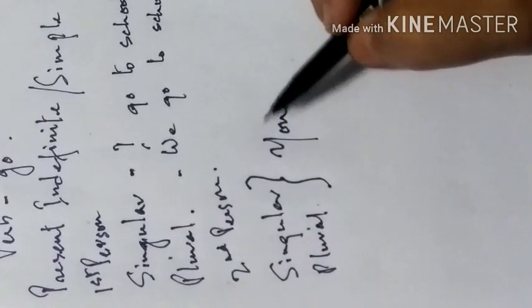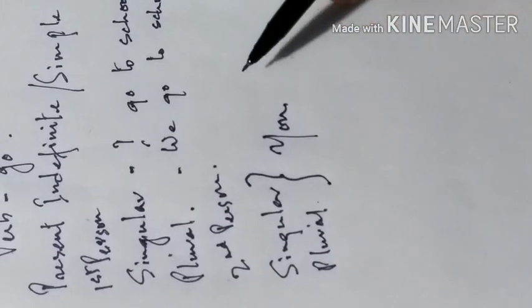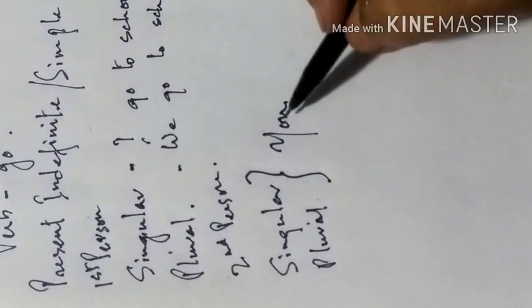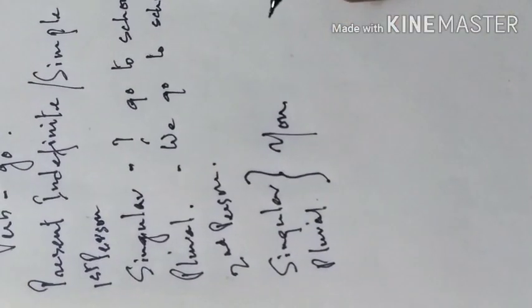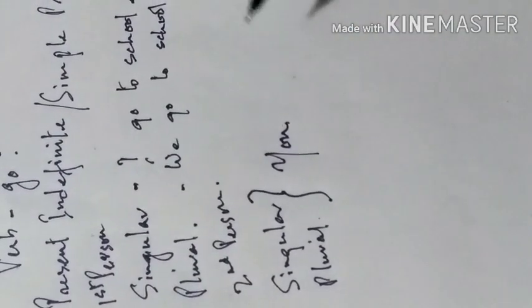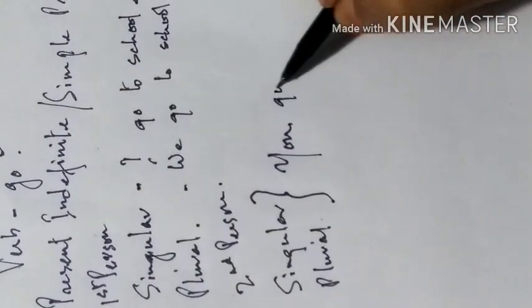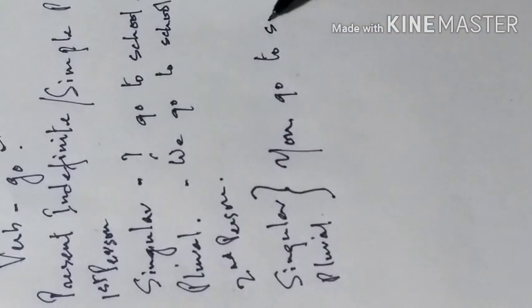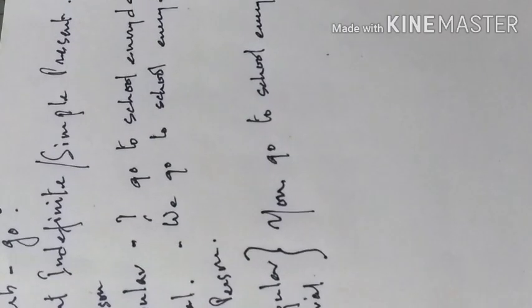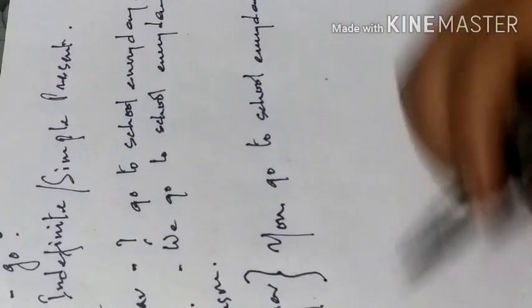You is both singular and plural, so we will not write two sentences here. We'll write only one sentence. It can be used both for singular and plural. You go to school every day.